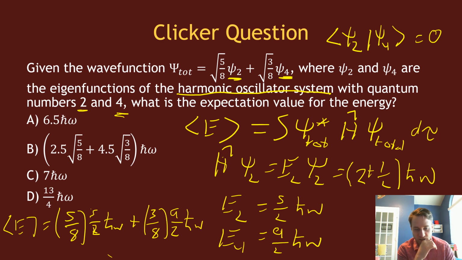And when you simplify this down, you end up getting choice D here, 13/4 times h bar omega. I believe so. Let's see, 25. Yeah. Okay.